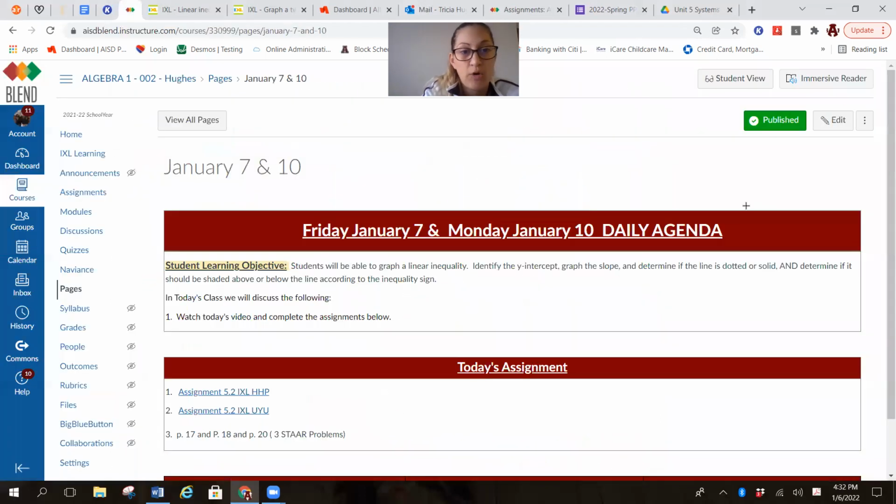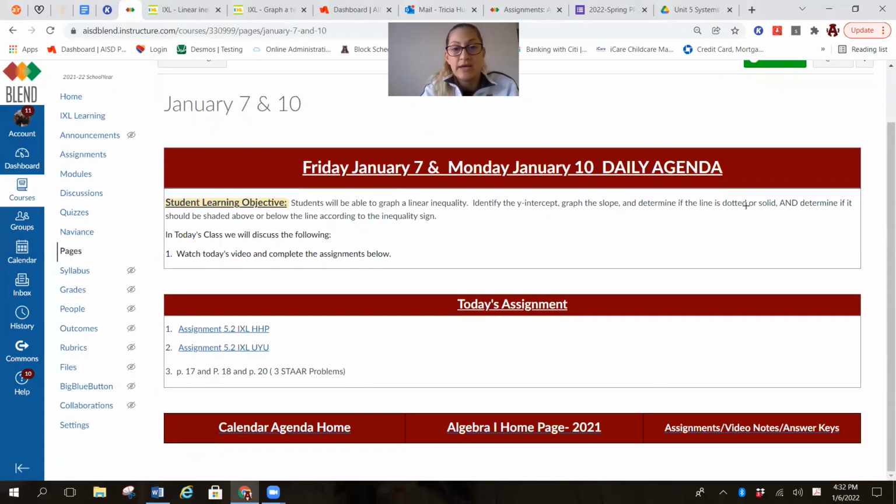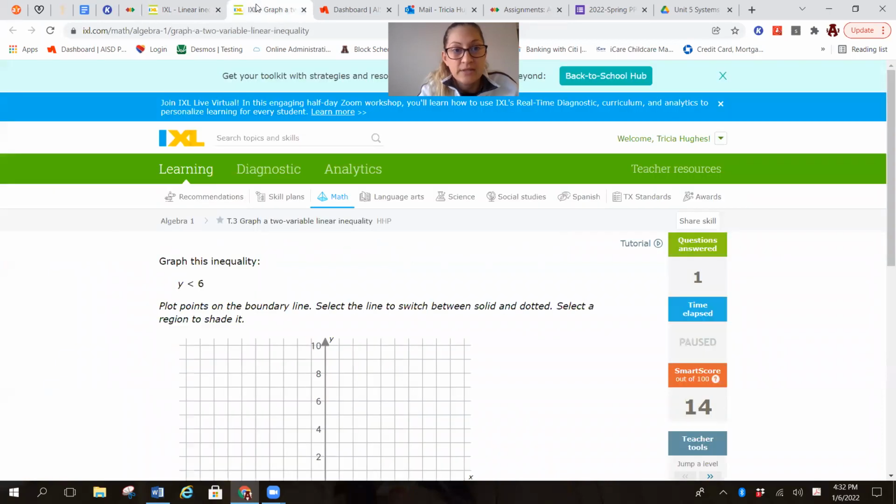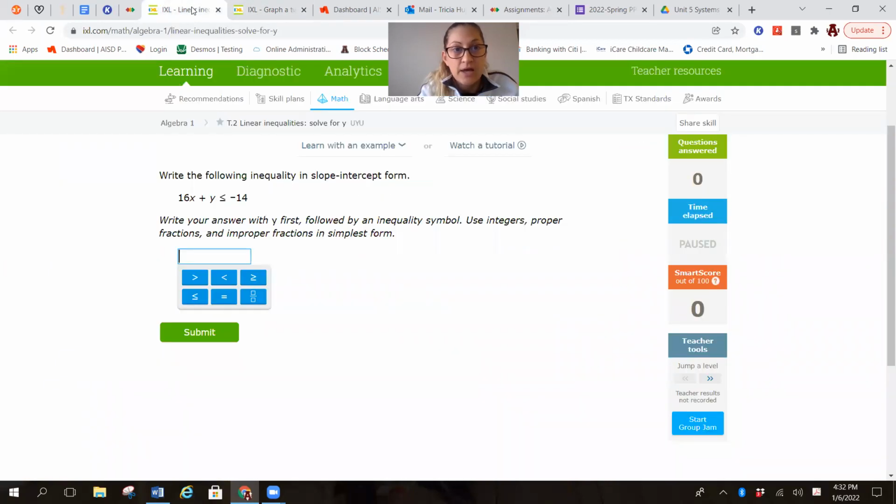If the line is solid, you'll say yes. Okay, so if we go back to Blend and it says, complete the following assignments below. We have 5.2, these two 5.2 assignments. All right, so looking at T2, you're going to need a piece of paper. This is skill T2. That's how I'm going to have it in the grade book.